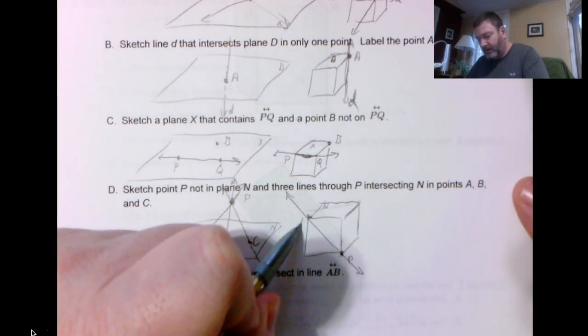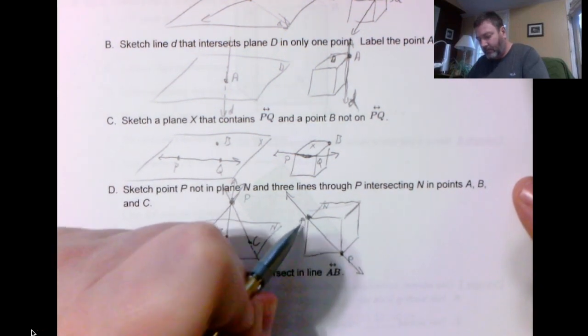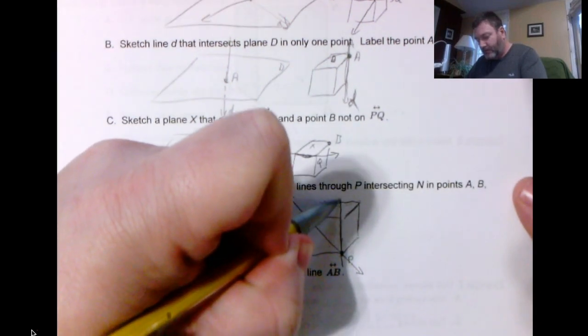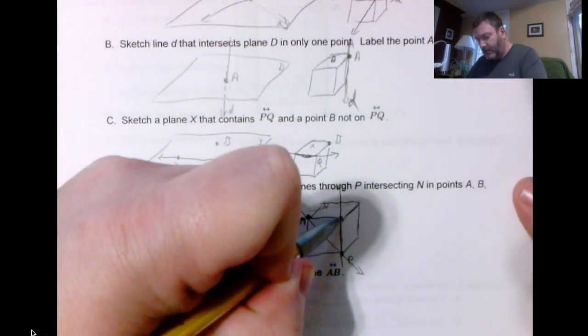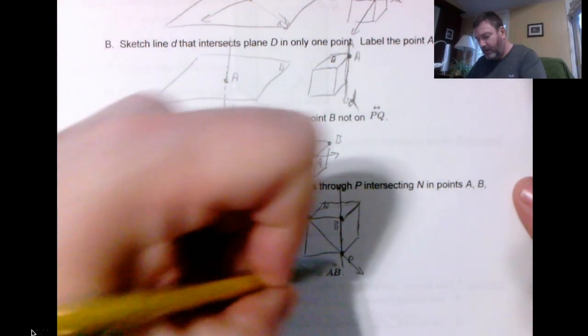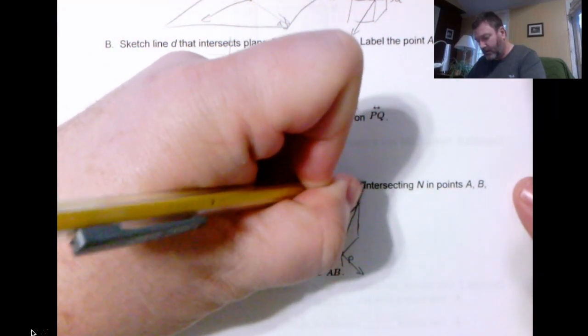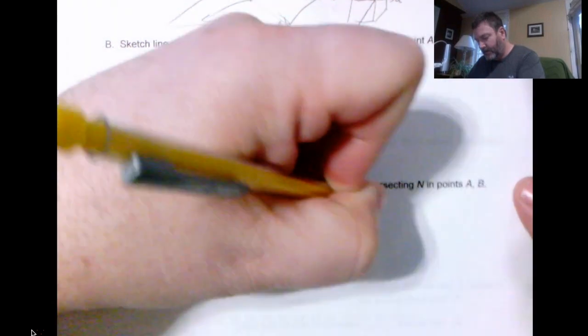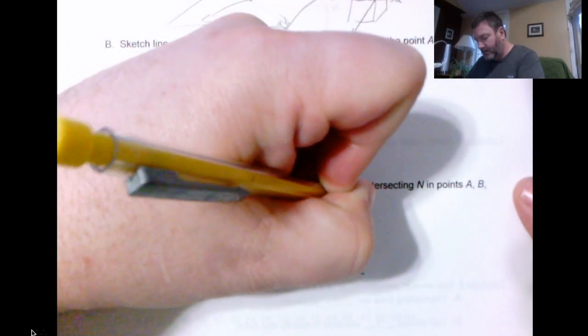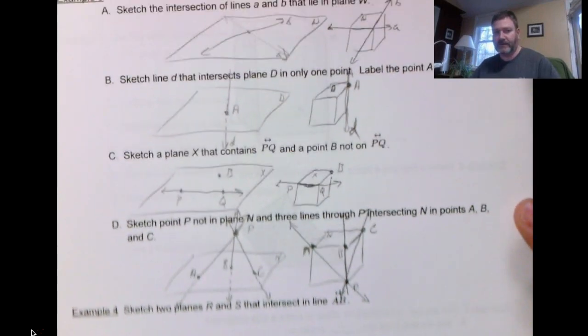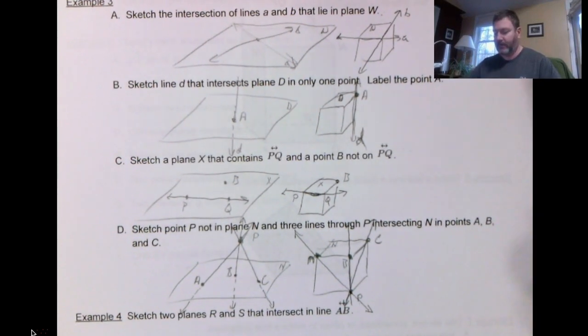We'll call this point A, right there. We'll go straight up and down through P. We'll call this point B, and then we'll go across here, and we'll call this point C. Okay, so there's example 3, two different ways.